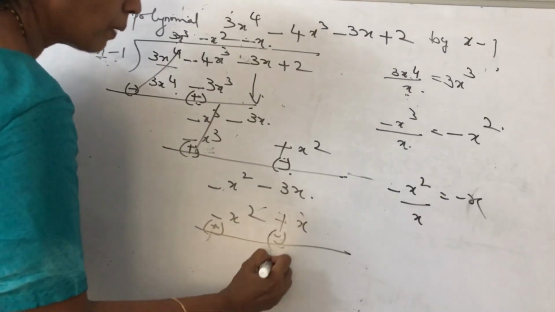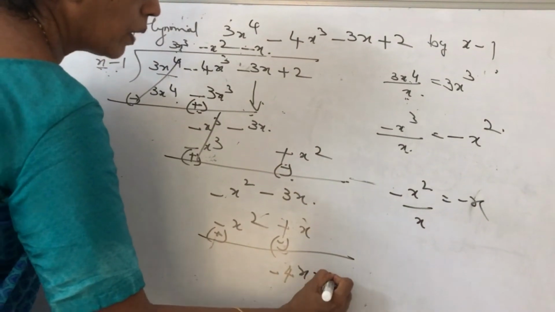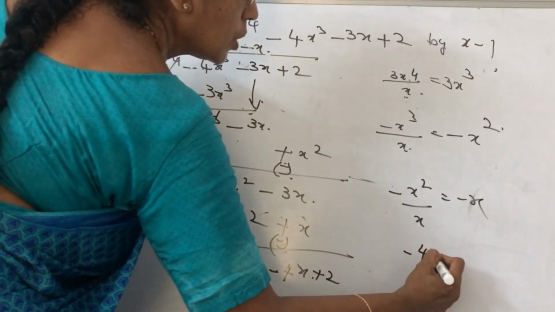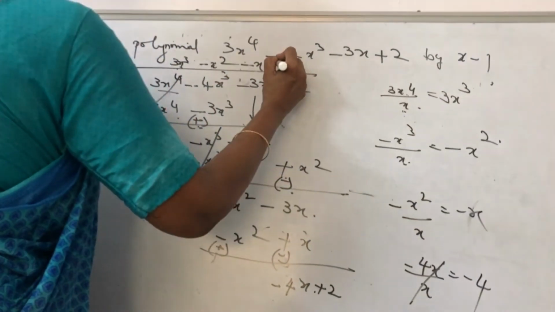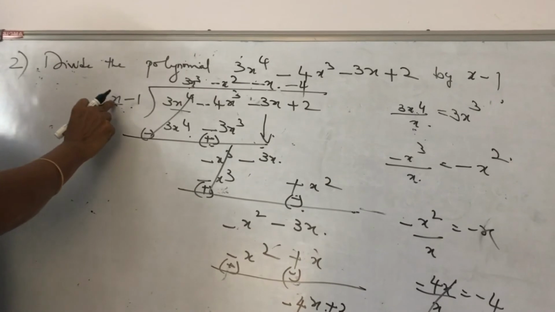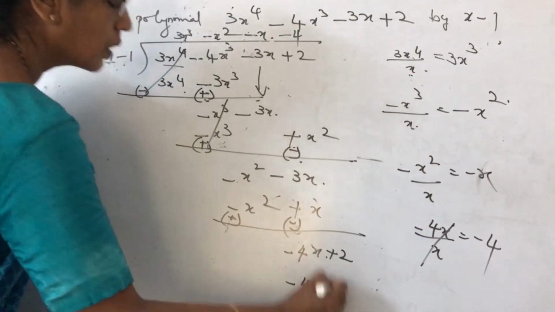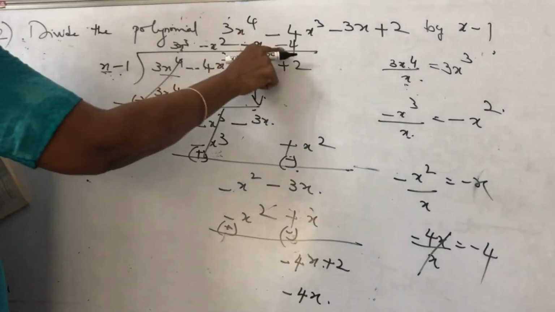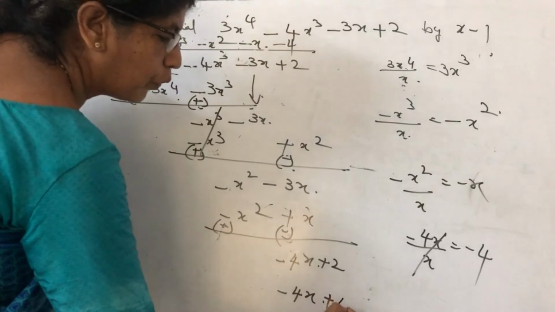Minus 3 minus 1, minus 4x, and bring down plus 2. Minus 4x divided by x is equal to minus 4. Plus into minus, minus 4 into x, 4x. Minus into minus, plus 1 into 4, 4.